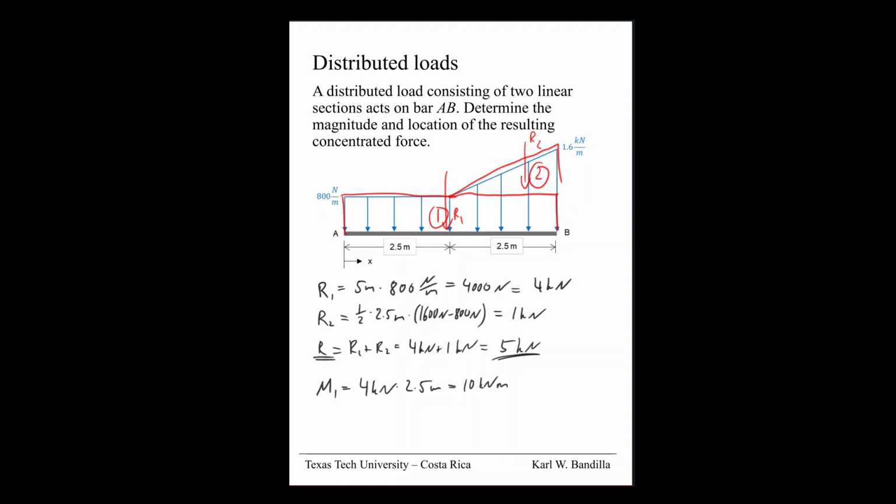R2, right? That's a triangle, so we know that's 2/3 in, so I can say my M2 is equal to R2, which was 1 kilonewton. And now the moment arm, right? You have to remember that we're counting all the way from over here. That's where our X starts. So we have to do 2.5 meters to get from here to where my triangle starts. And then remember that my triangle's centroid is 2/3 in.